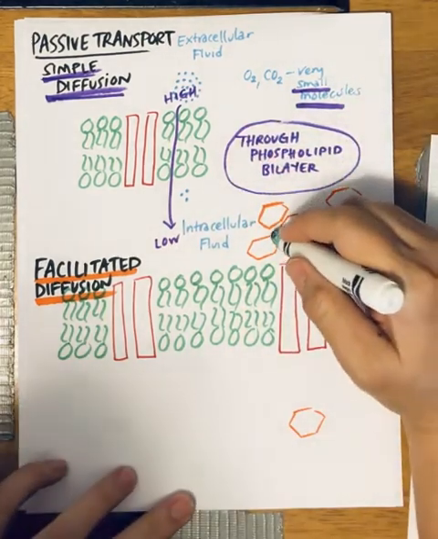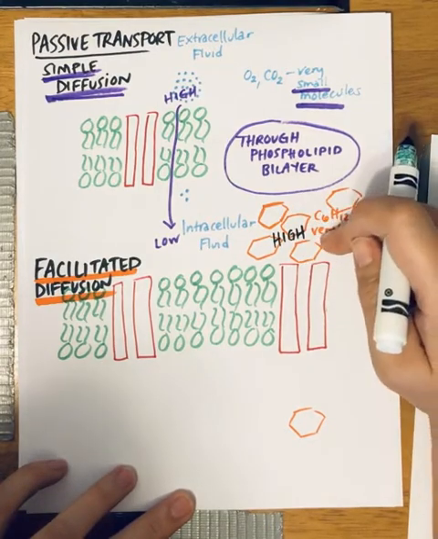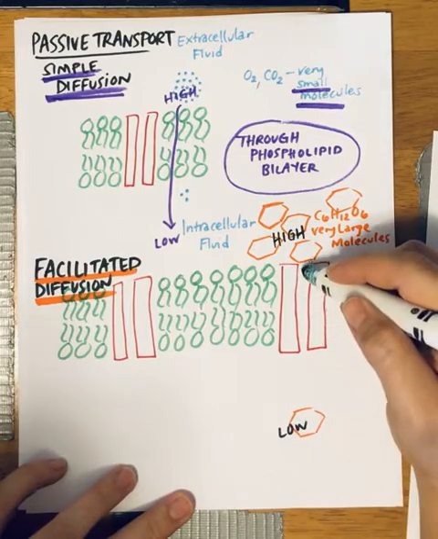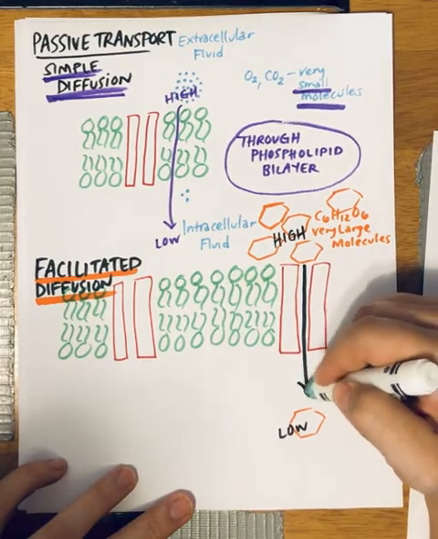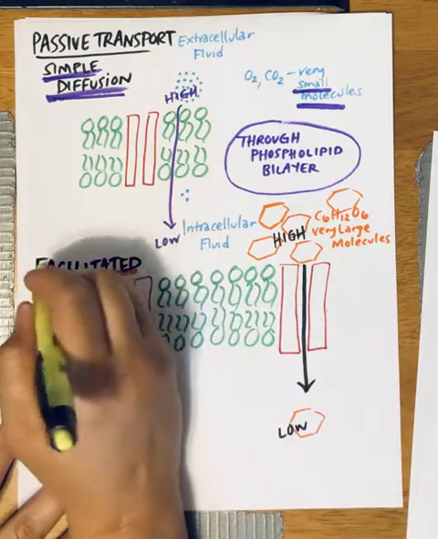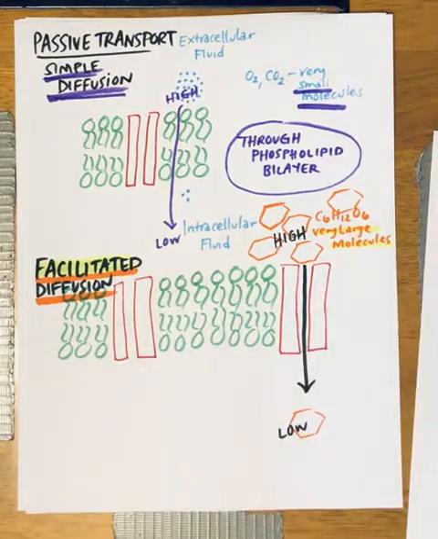So you're moving it from high concentration on the outside to low concentration on the inside. However, one key difference is that it's not simple. It has to have a helper. So when you use the word facilitated diffusion, it's large molecules.